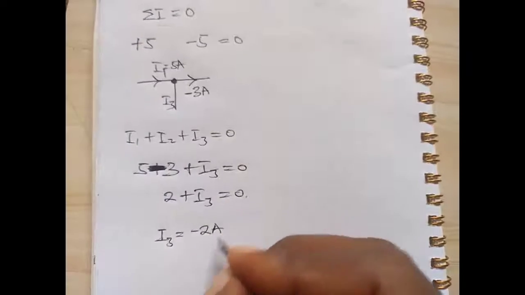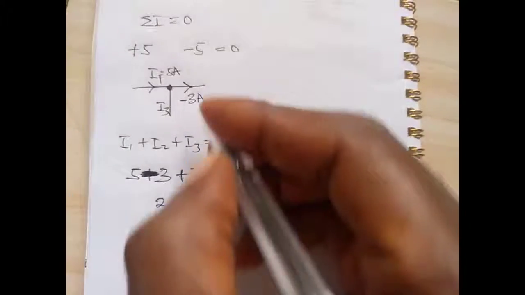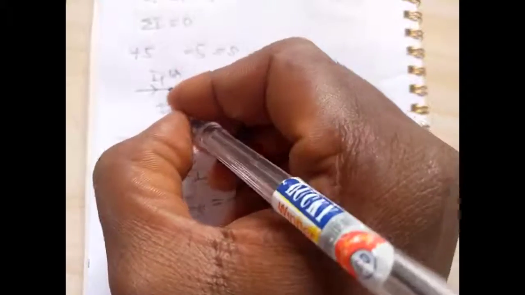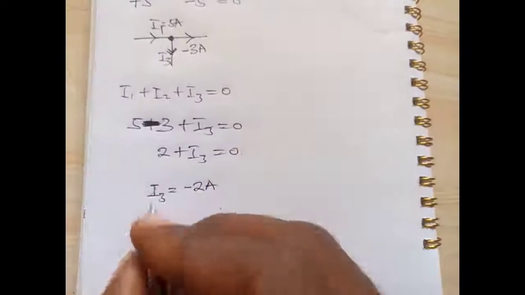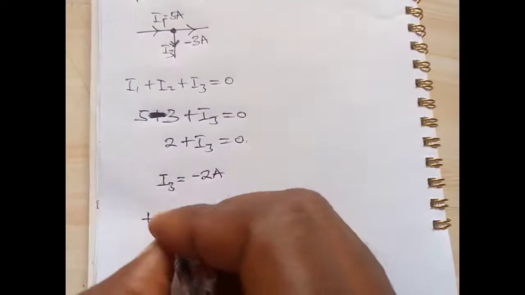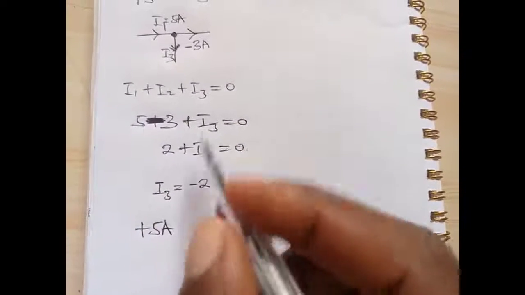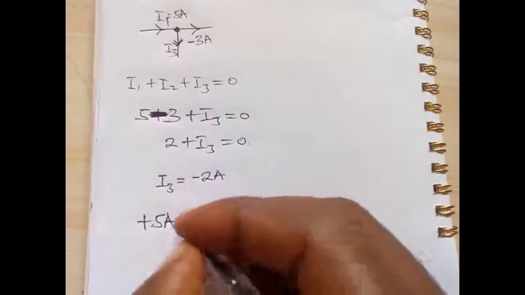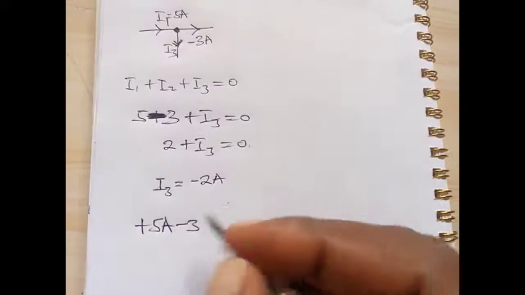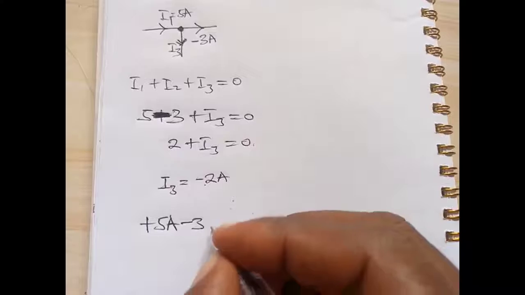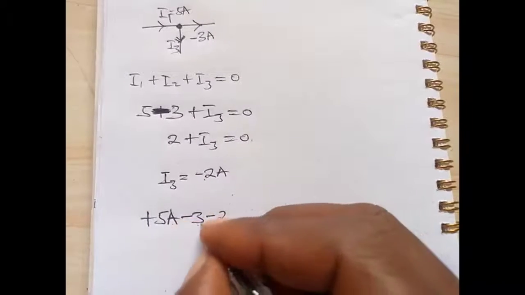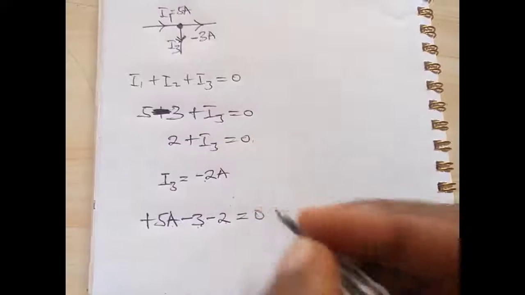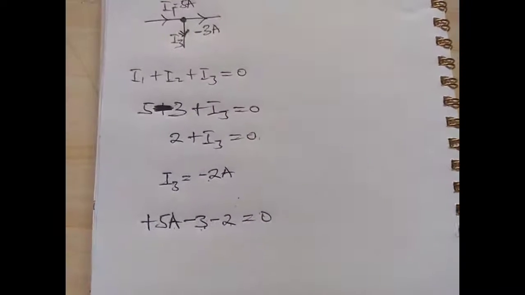The fact that it is negative means that it is actually leaving the junction. So if we check, the current entering the junction is positive 5 amperes, the current leaving is negative 3, and I3 is negative 2. You notice that 5 A, 3 A, 2 A will equal 0 because they cancel out.